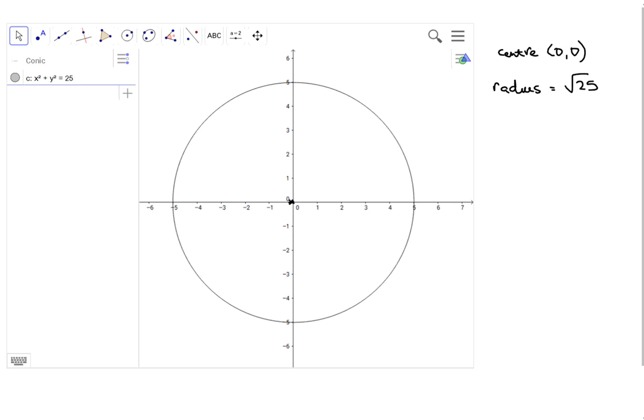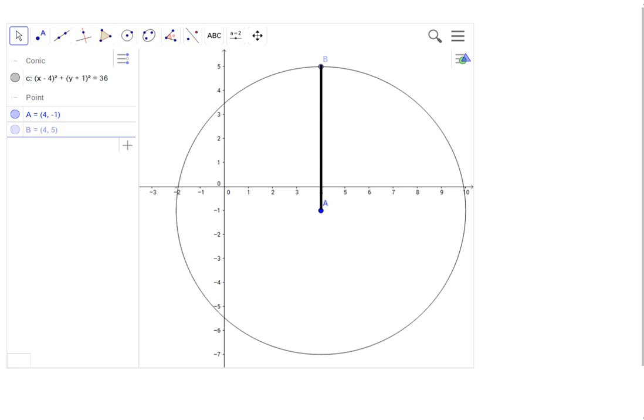Where it's not, it's still quite easy. Here the equation is, let's just write it again, x minus 4 squared plus y plus 1 squared equals 36. So to find the center, you just change the sign. So you know the center will be (4, minus 1).